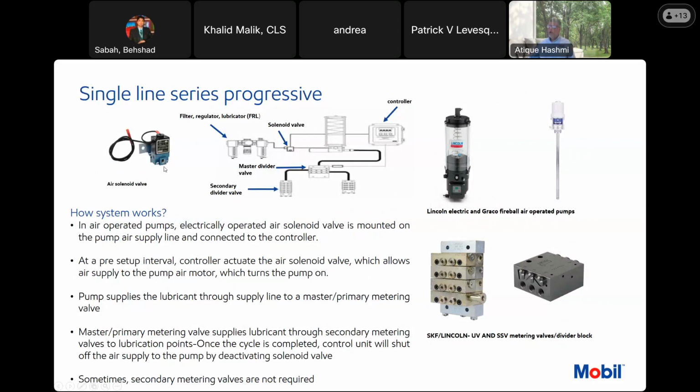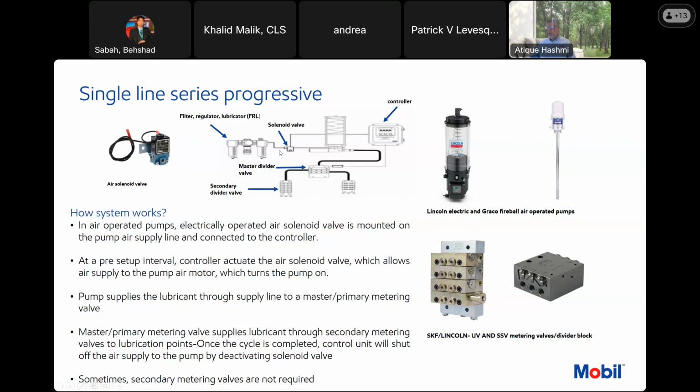The air solenoid valve is electrically operated. And this is again a schematic of a single line progressive system. There is a pump, controller, master divider valve, secondary divider valve. And then one other thing is the FRL: filter, regulator, lubricator.